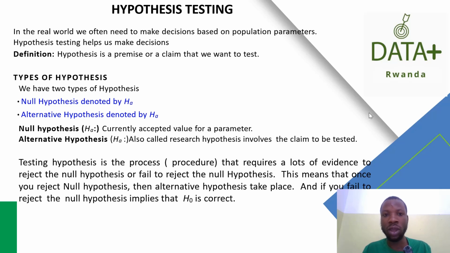If we take a sample among the population, among the females in Rwanda, because I cannot reach each and every female in Rwanda, so I have to take a sample. The values I get from the sample I take are what we call a statistic.